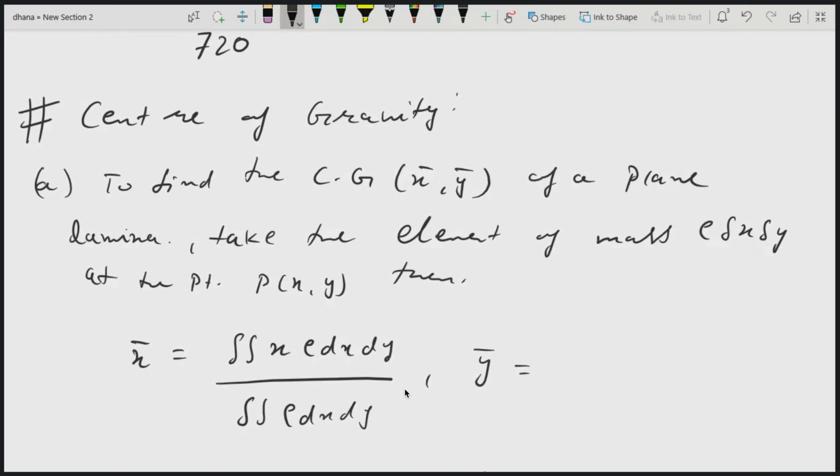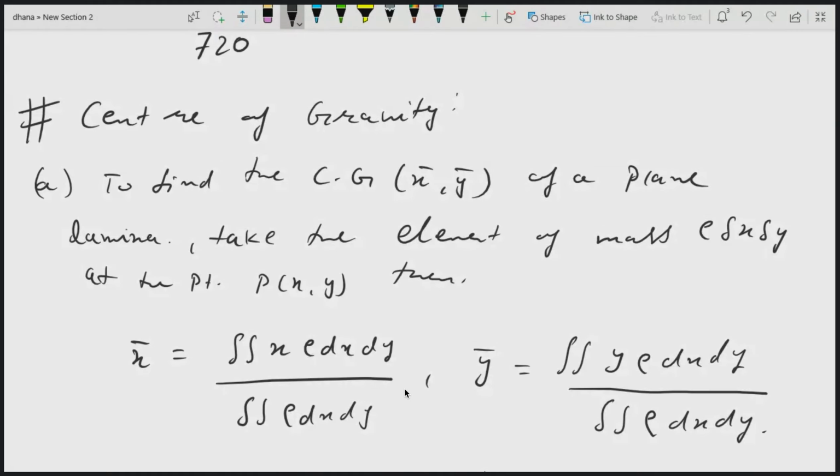Can you cancel the numerator and denominator part here? No, ma'am. No, you can't. Okay, so don't do such silly mistakes. So this is how you will calculate this point x bar y bar, which is the center of gravity of a plane lamina, with the integrals covering the whole lamina itself.